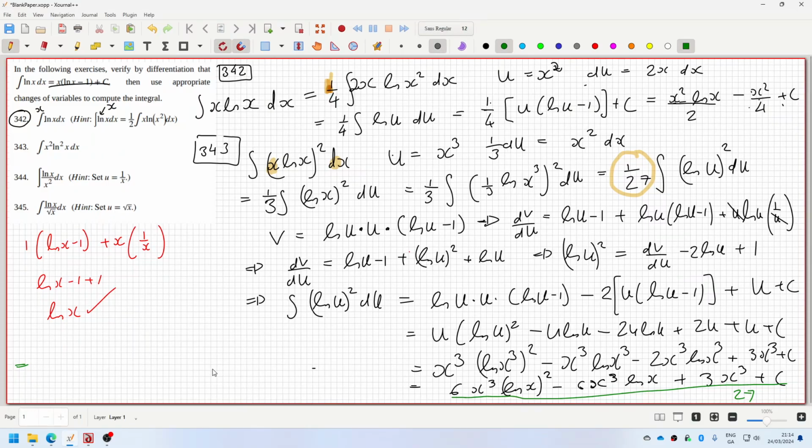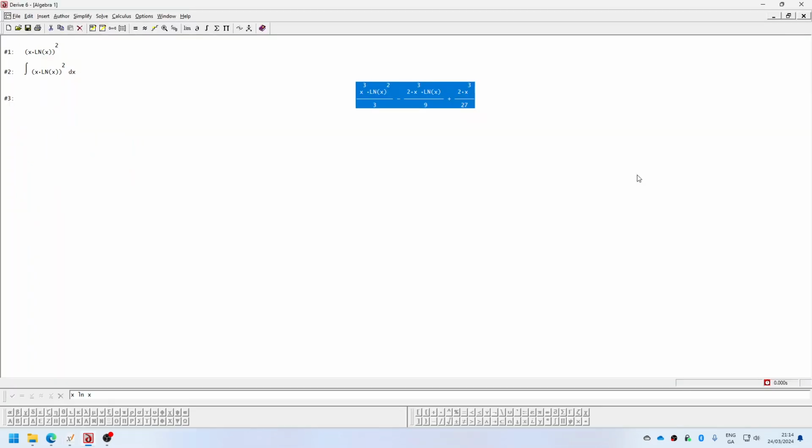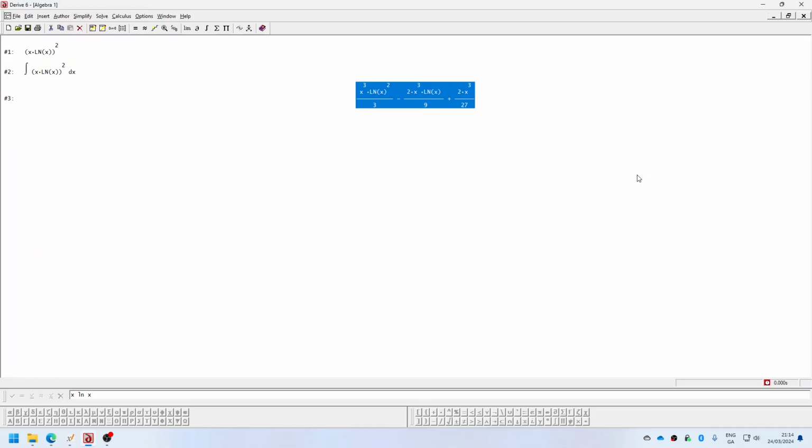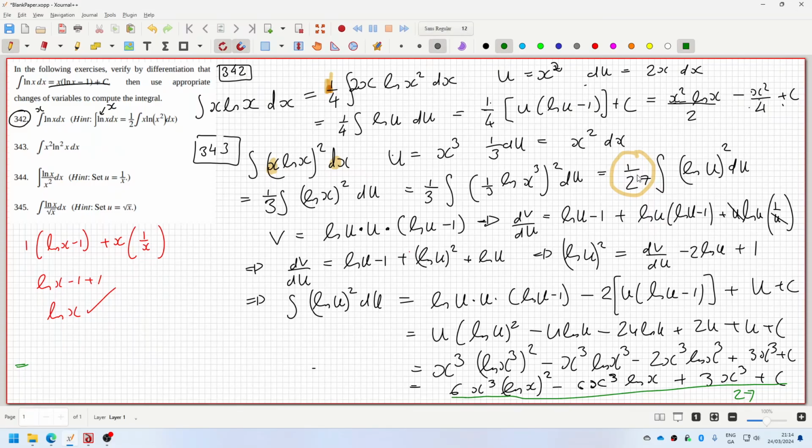Or no, 6 divided by 18, 18, not 27. Should that 27 be an 18? That would really fix everything.